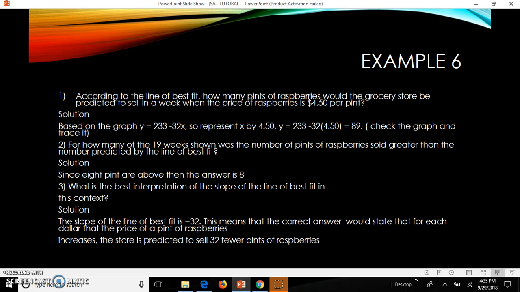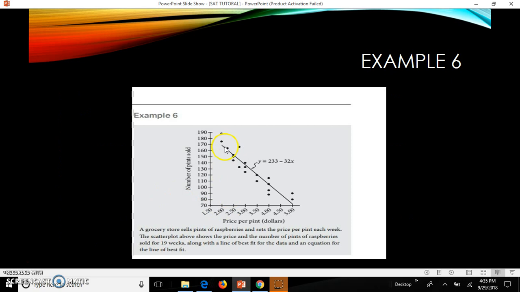The last question under that graph is, what is the best interpretation of the slope of the line of best fit in the context? Now look at the slope. The negative slope, you can see minus 32, that's the slope. I taught you how to identify variables on a graph. So this will be the initial value and this will be the slope.